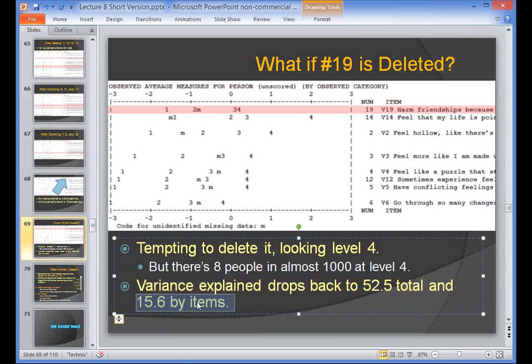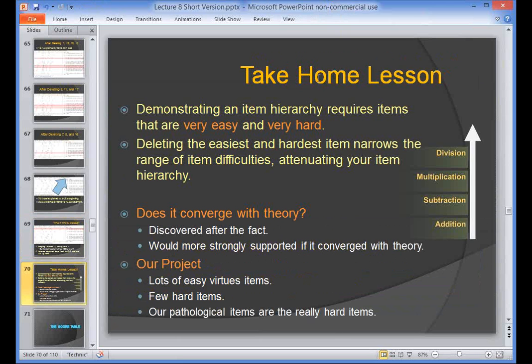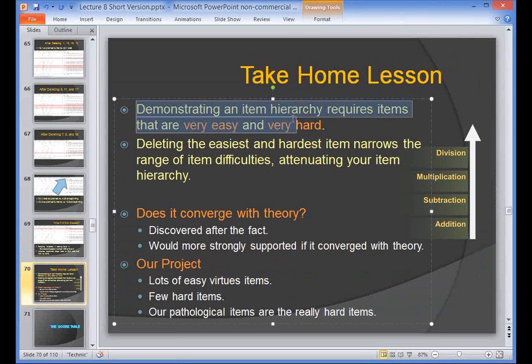So you really lose a lot of variance explained by the items if you delete your most difficult item. So the take-home lesson from this is that demonstrating an item hierarchy is going to require items that are both very easy and very hard.